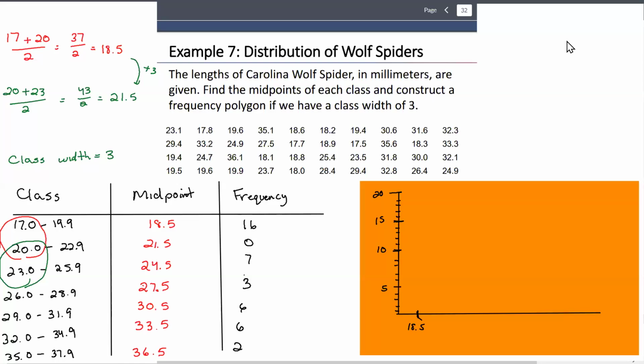Okay, so we'll create these axes much like the way we did for histograms. So I'll put my frequencies along here. And then what the class is representing in our case is lengths. So you don't usually write class down here, you write what it is we are actually measuring. We are measuring the lengths of Carolina wolf spiders.